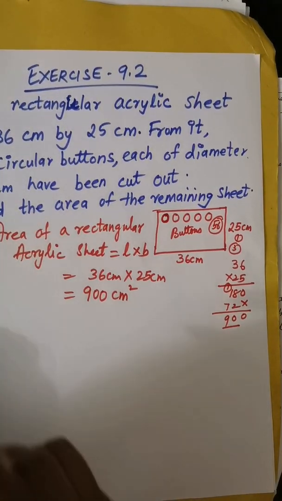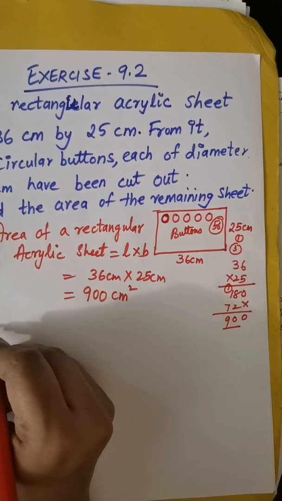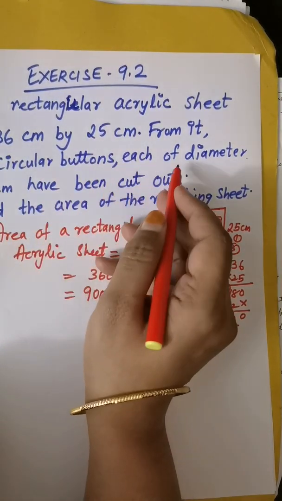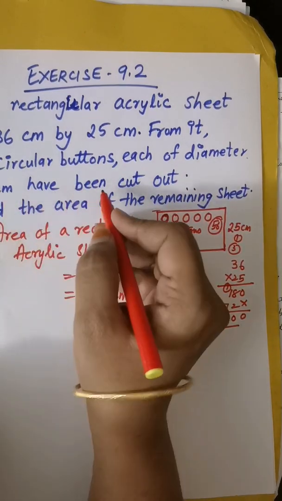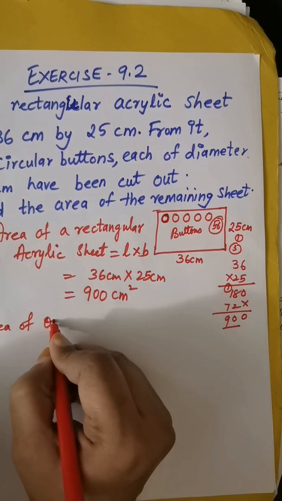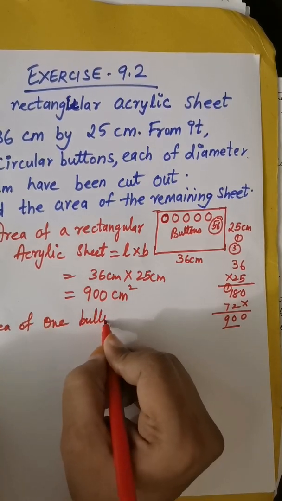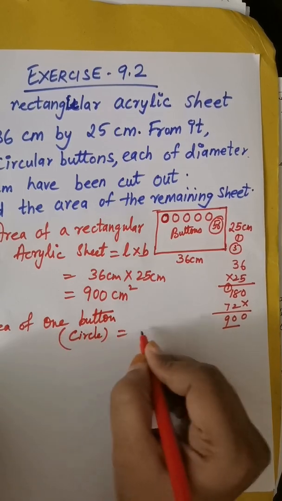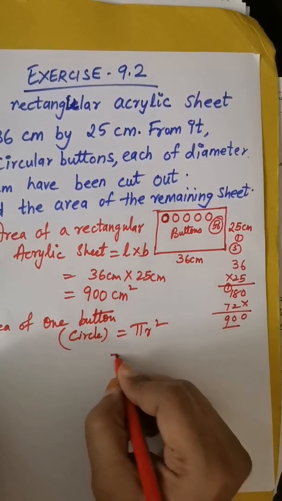Now you have to find the area. 56 circular buttons, each of diameter 3.5 centimeter, have been cut out. So we will find the area of one button. The button is in the shape of a circle. So what is the formula? Pi r square.